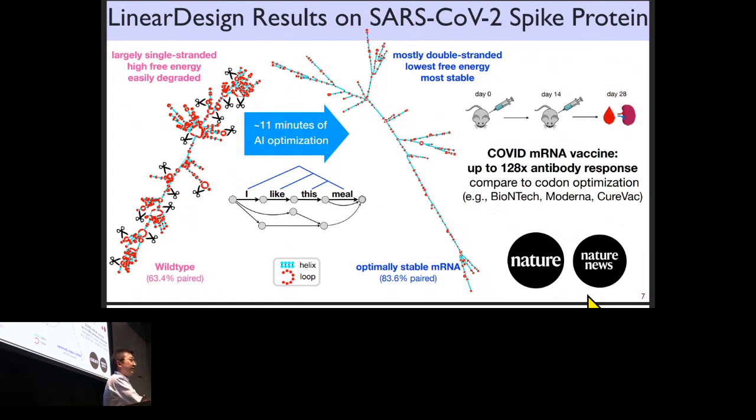And then have there been, or are there in the works, structured means to experimentally verify this? Or is that something that labs have done on a case-by-case basis whenever they just want to validate their method? Yeah, so in reality, for example, in the linear design paper, we tested about 7 sequences over the map. Some sequences are more stable, some sequences are less stable but more translation efficient.